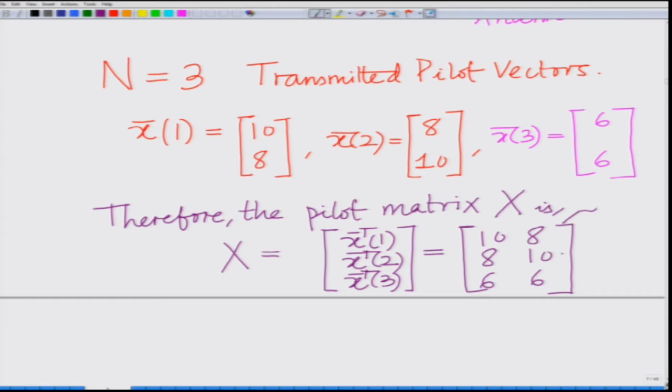Remember this is an n cross M pilot matrix, where n is equal to 3 and M is equal to 2.